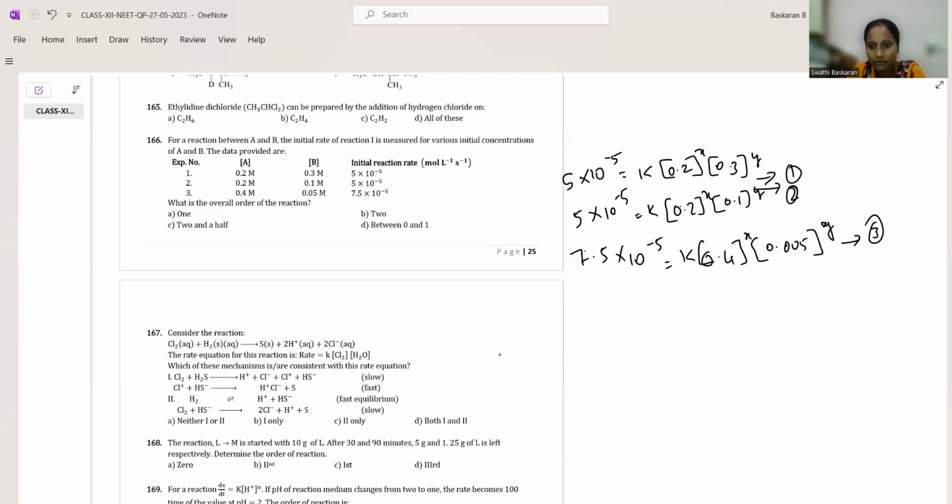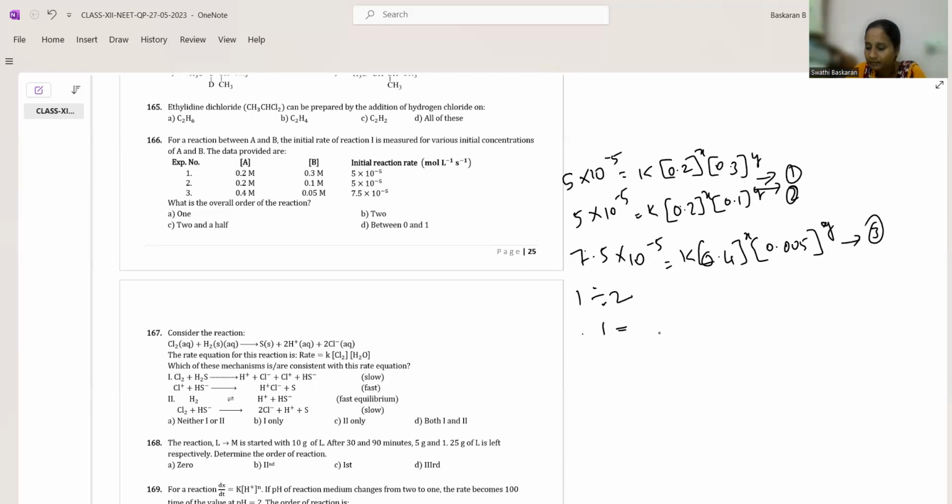If you divide equation 1 by equation 2, on the rate side, 5 into 10 power minus 5 gets cancelled, K gets cancelled, and 0.2 raised to the power X and 0.2 raised to the power X get cancelled.